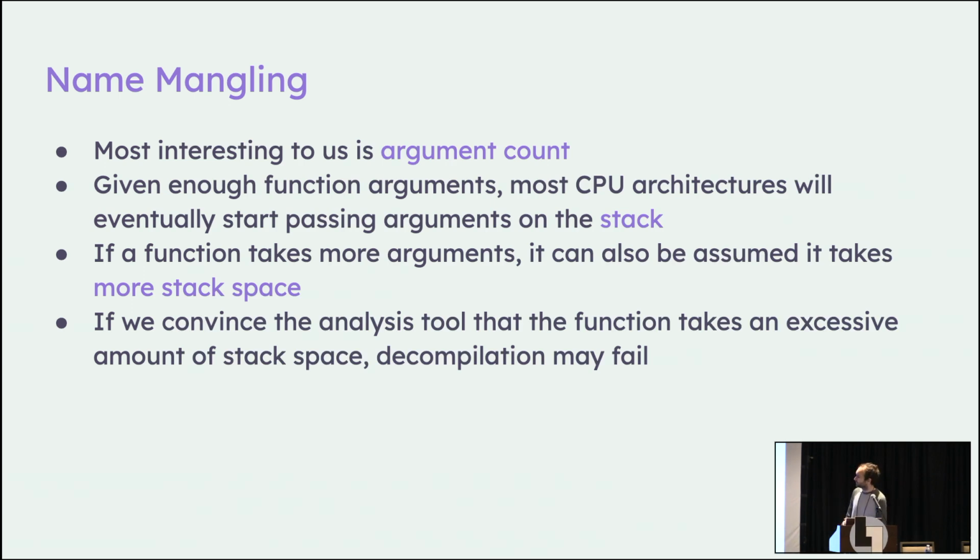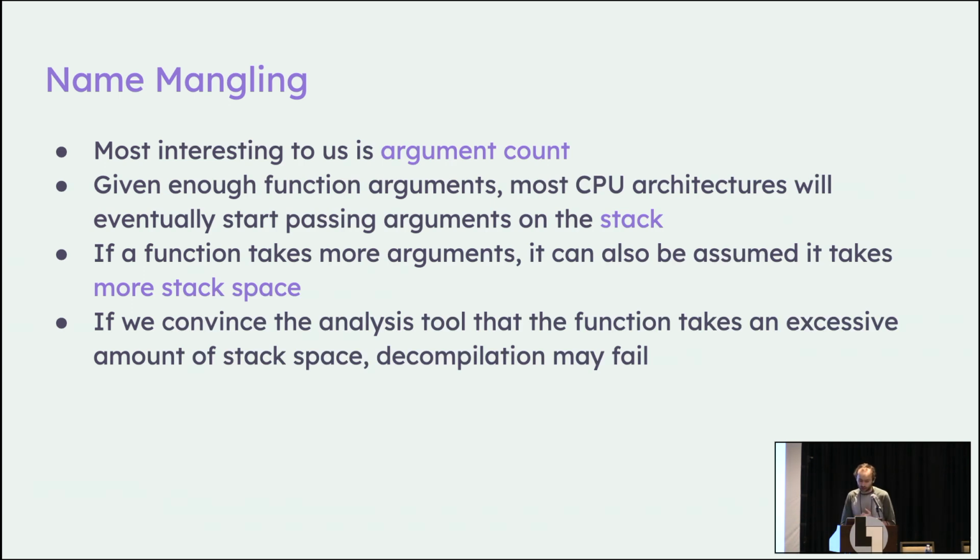So the more arguments you have, the more stack space is allocated for arguments, and this puts a requirement on the decompiler of how it has to process that stack space.